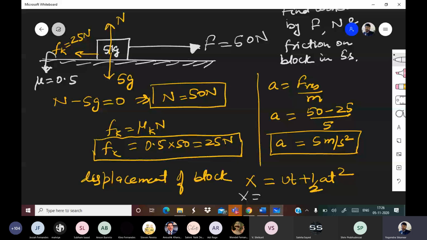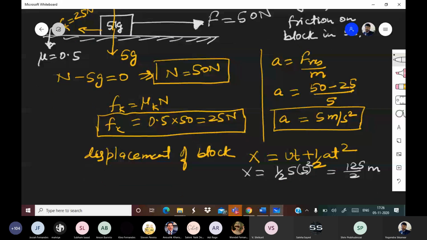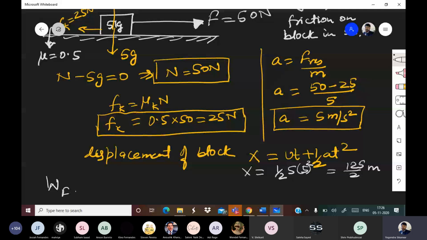That comes out to be 5 into 5 into 5, 125 by 2 meters. Okay, now story begins. Work done by F will be force, which is 50, into S into cos theta. So 50 into 125 by 2 into cos 0, because force and displacement are in the same direction.